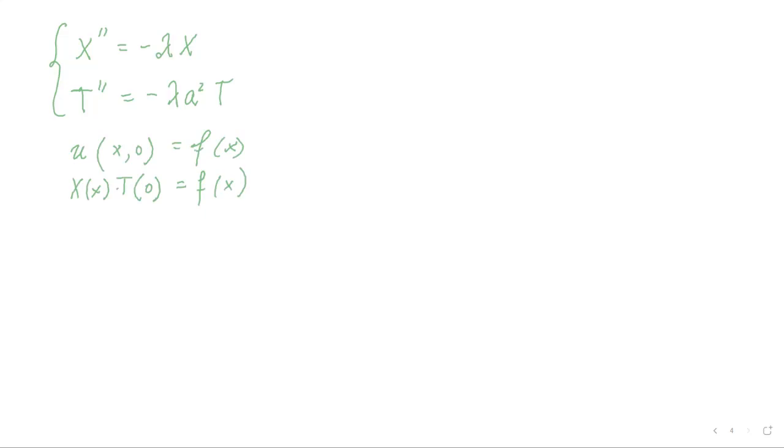So this is going to be one of my conditions. And remember that I wanted to consider the case when g of x was equal to 0. Well, no initial velocity.